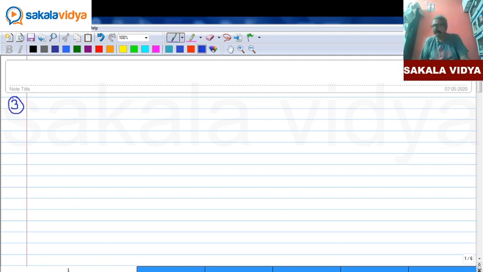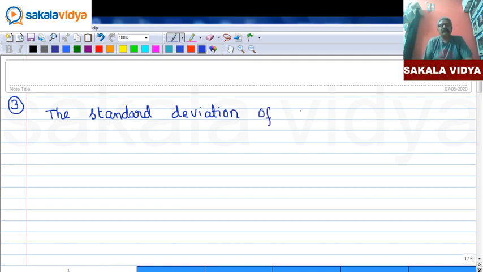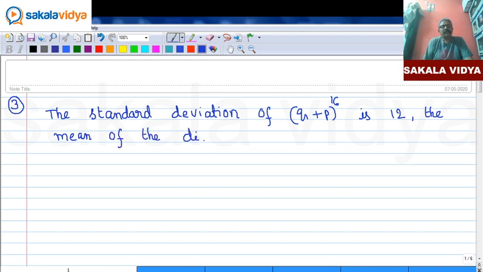Third, the standard deviation of (q plus p) whole to the power of 6, the binomial distribution BD, is given as 12.